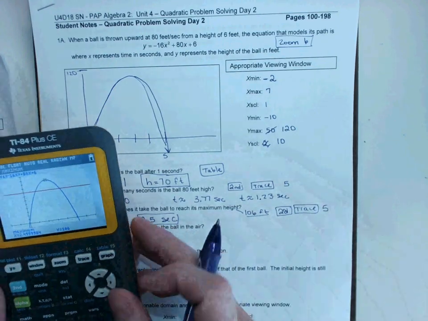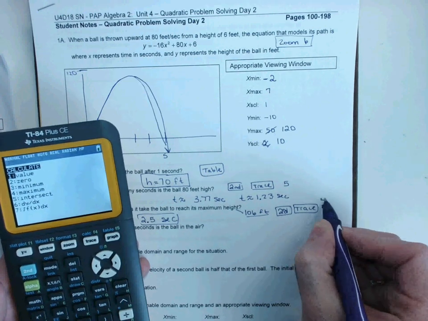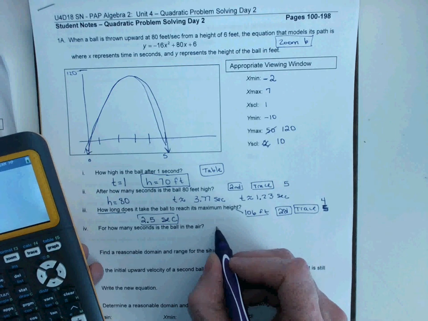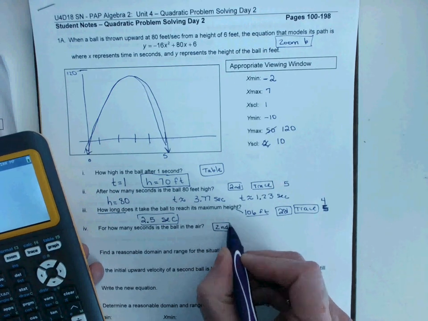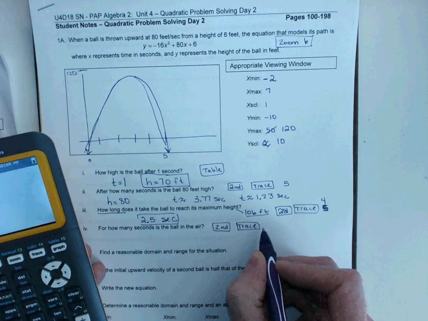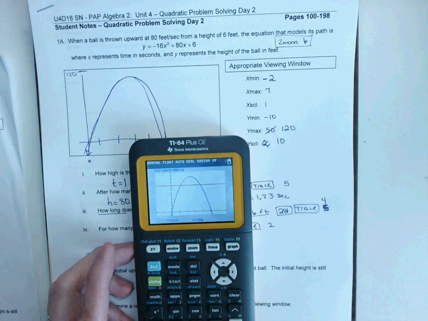Oh, not 5, sorry. Second trace 4 for maximum. And then this one, how many seconds it's in the air, we're going to go second trace. All of these are in the same menu. And this time we want 2 for 0. So I'm going to click 2.